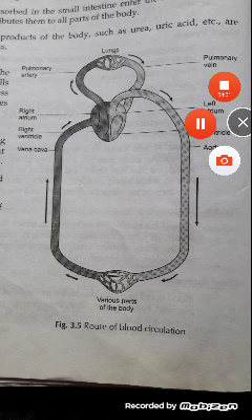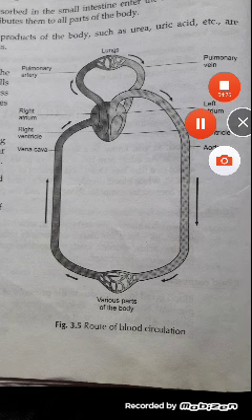As we already discussed, clotting of blood comes in the last point of functions of blood. Clotting of blood prevents excess bleeding. So, students, these are all very vital, very important functions played by our blood.